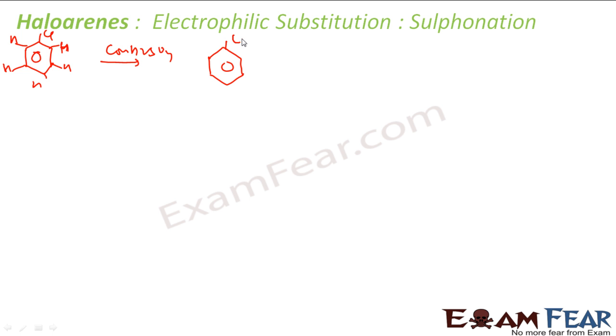So chlorine at the ortho position, SO3H, and the same SO3H at the para position. This is 4-chlorobenzene sulfonic acid and this is the major product. Right. Let's see the reaction mechanism here.